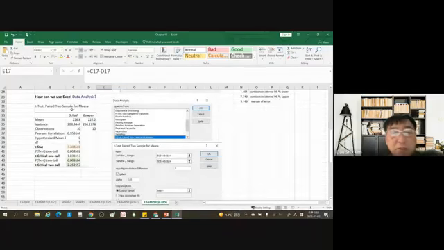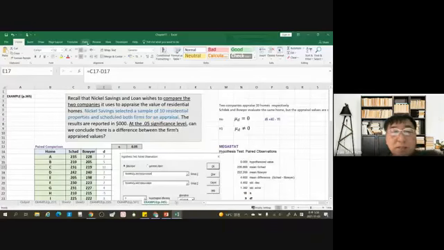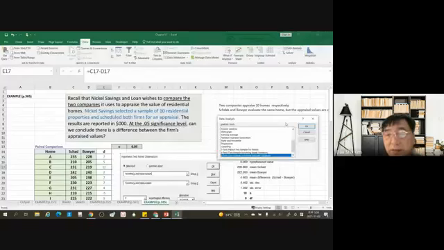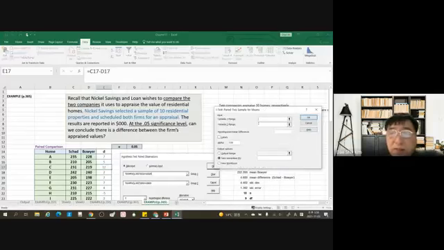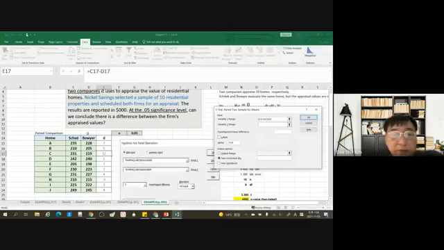The bottom one is using Excel Data Analysis. Here, t-test, paired t-test. Select this one. Click okay. This is up to here. First data, variable 2. Mean difference is 0, we assume 0.